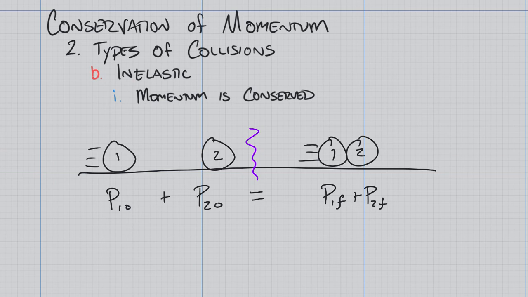Now, if we look at this object, both of these are going to be moving with the same velocity. So as we write this out, it's going to be mass 1, velocity 1. Let's actually just use a u there. u1 plus mass 2, u2, their initial velocities, equals mass 1 plus mass 2 times their velocity.